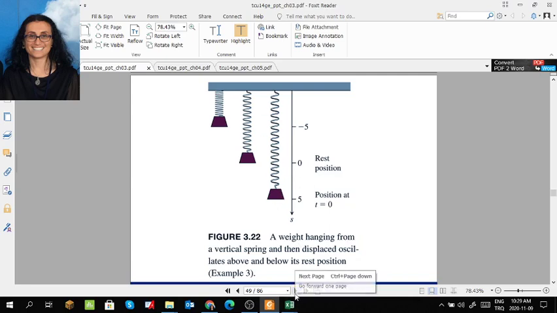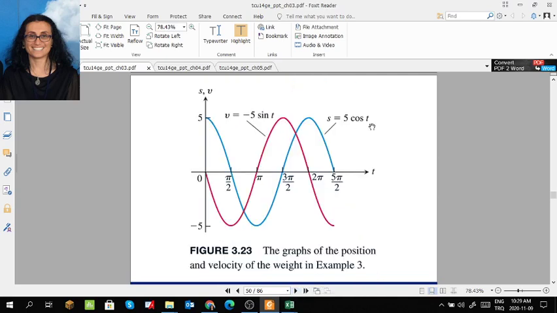It is represented as s is equal to 5 cosine t. And then if you take the derivative of this, you're going to get negative 5 sine t. And the graph is like this. You can again draw the graph by taking the reflection, by multiplying by 5, the regular sine function.